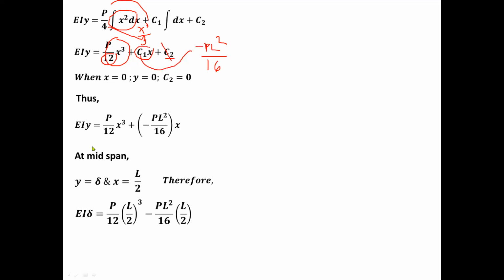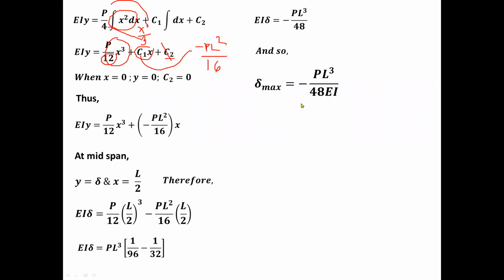So, direct substitution. Okay? Proceed. Ang ating EI times deflection is negative PL cube over 48. Dividing the entire equation by EI, this is going to be our maximum deflection. Negative PL cube over 48 EI.